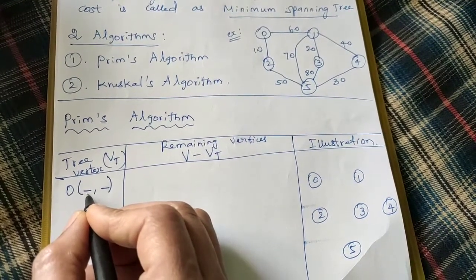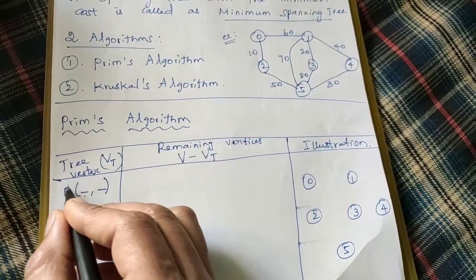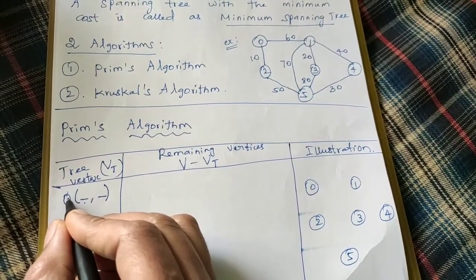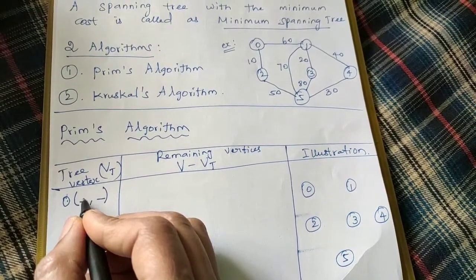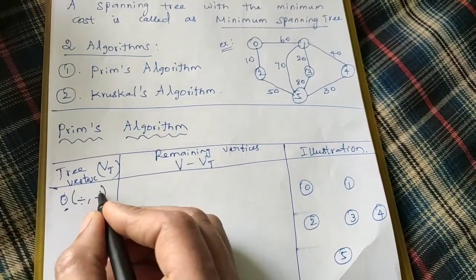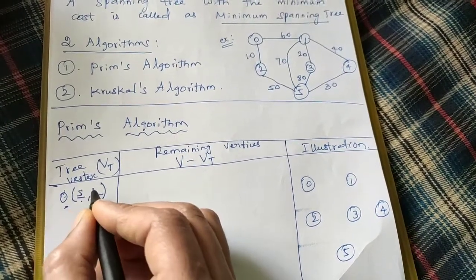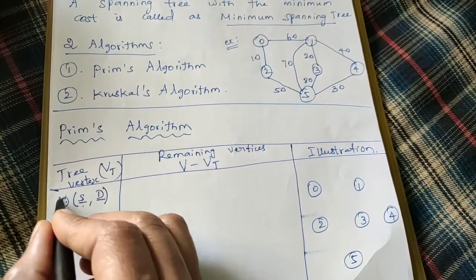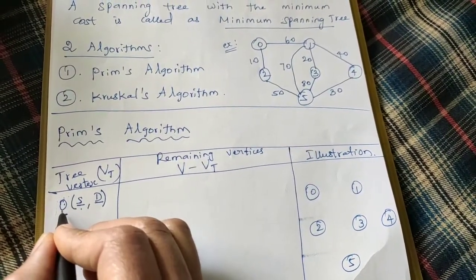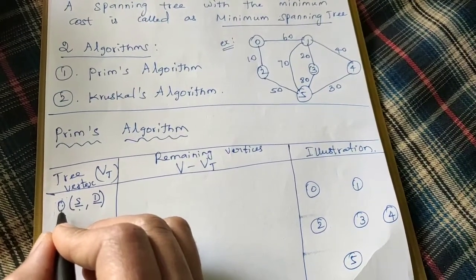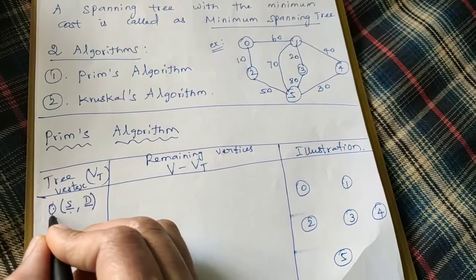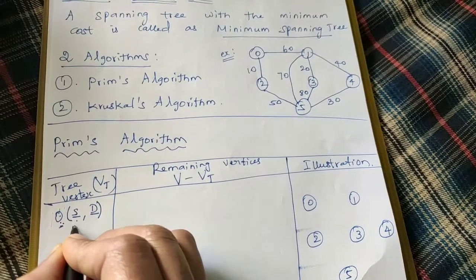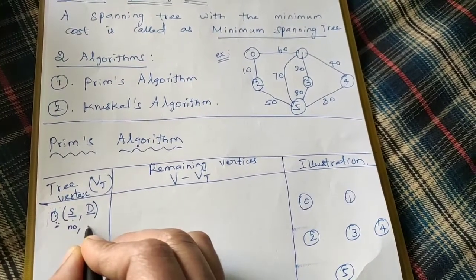The first one indicates from where I am visiting the vertex, that is the source of the vertex specified here, and the second is the distance of the vertex. Since I am starting my process from the 0th vertex, this should be the starting point. This cannot be visited from any other vertex. So for this 0th vertex, there is no source, and the distance is also not there till now.